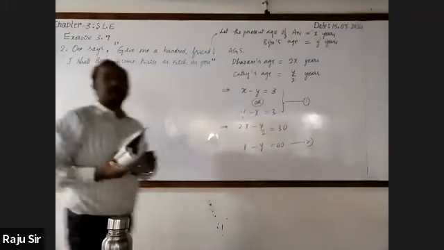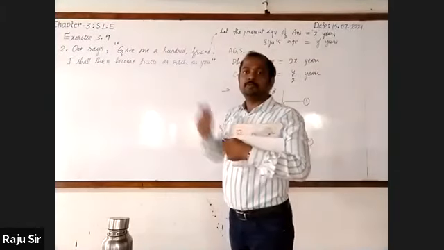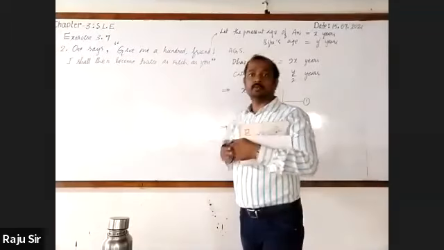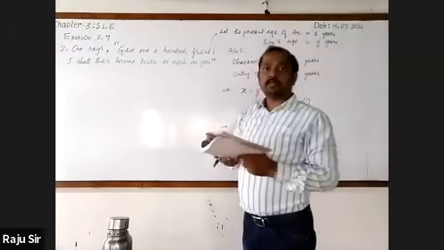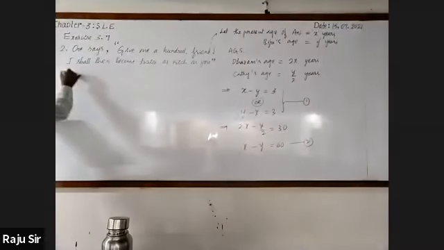One friend will ask another that you just give me 100 rupees. If you give me 100 rupees, I will be twice as rich as you. And the other friend will reply. That has also been given, right?